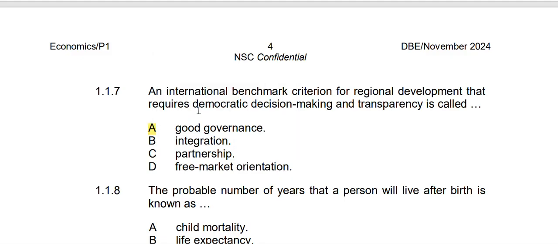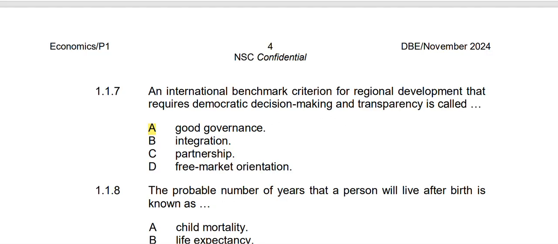As you can read, it is the benchmark criterion for regional development that requires democratic decision making and transparency. When you go through governance during your class, you would have gone through how the democratic decision making and transparency is done or is benchmarked, and then it is obviously good governance.